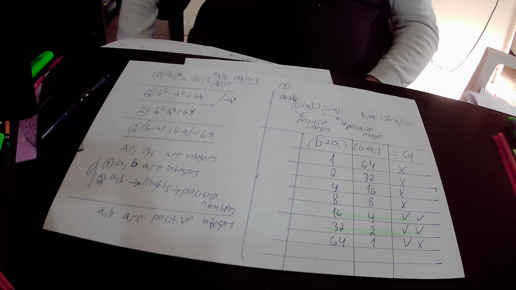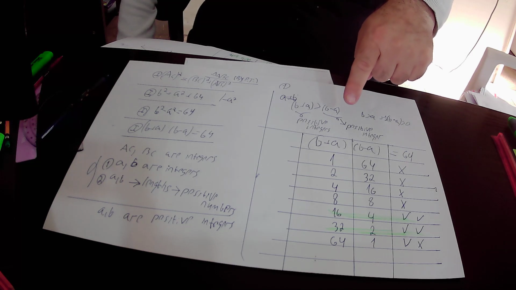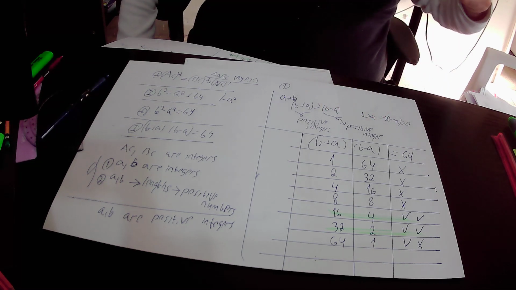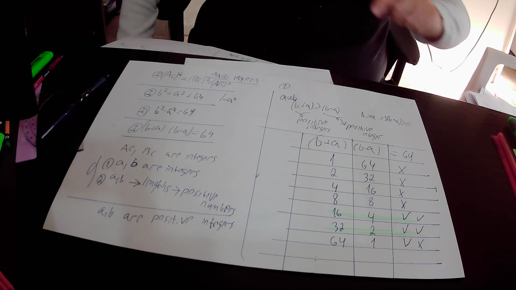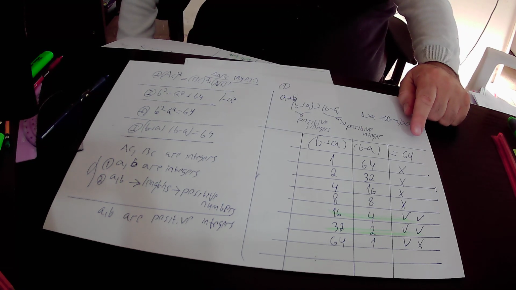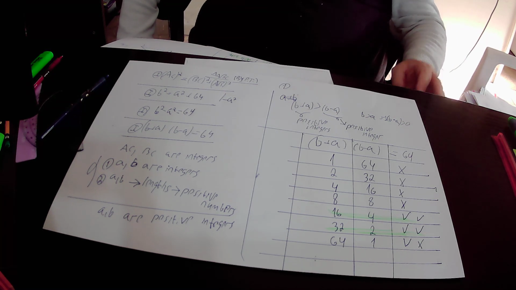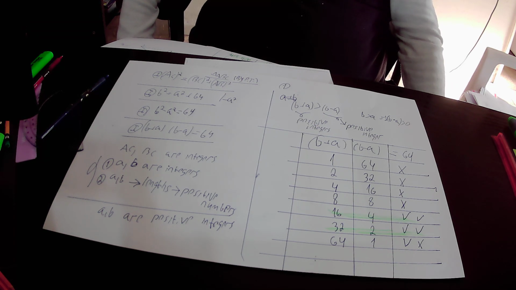And we also know that if we multiply the first number by the second number, we get 64. So which positive integers, when we multiply one by the other, give us 64?